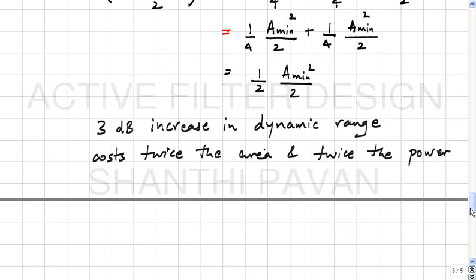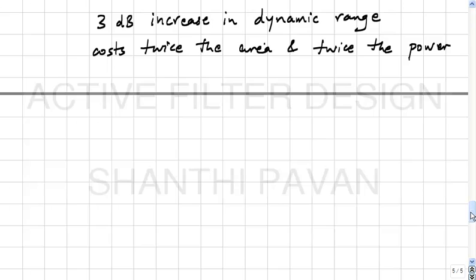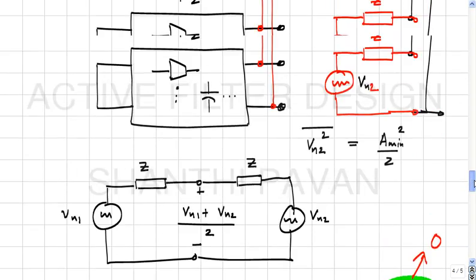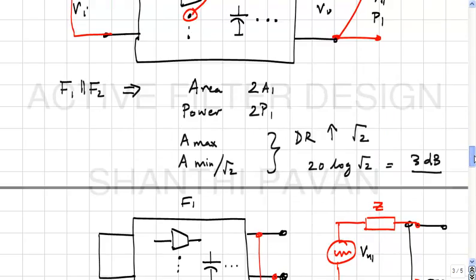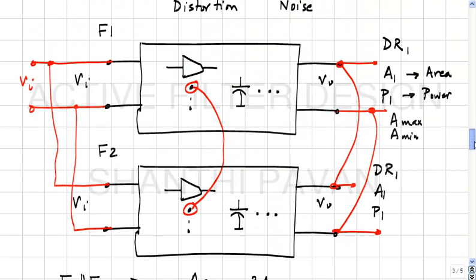So in general, if I put these two filters in parallel, I am getting a 3 dB improvement in dynamic range. Which means that this node is getting connected to this node, which is connected to this node, and so on.